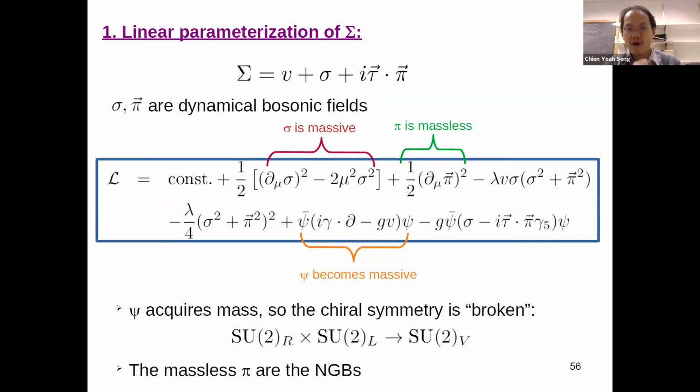Since the fermion acquires mass, the chiral symmetry is explicitly broken from SU2R times SU2L to the vector part, because the doublet has the same mass. So the ordinary flavor symmetry is still obeyed. At the same time, you see that there are massless pions, three of them. And these pions are nothing but the Nambu-Goldstone bosons generated by the spontaneously broken SU2 chiral symmetry.